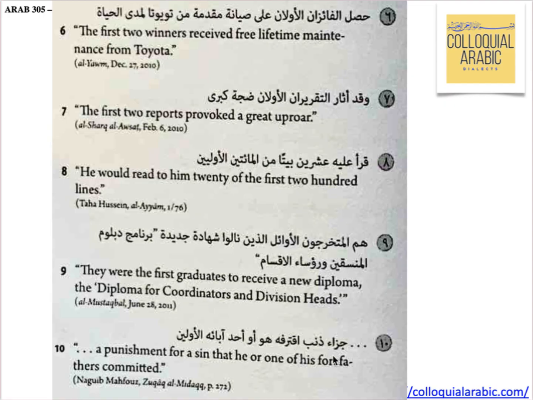So dhanb, the sin he committed, and aba'ahul awwalin. Again, it's the plural form of awwal. To match the case, instead of awwalun, it's awwalin. So that's the example of this.